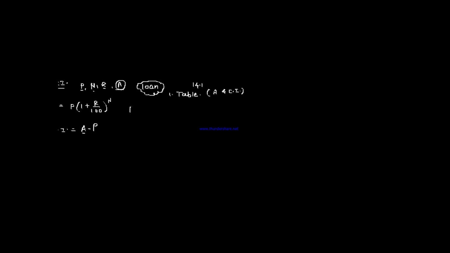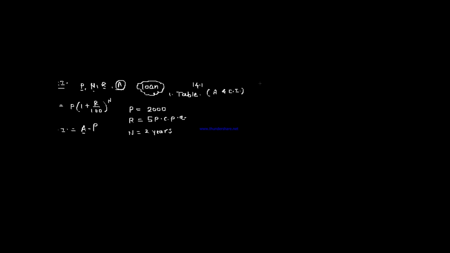Very first sum of the table: the principal amount is 2,000, the rate is 5% per annum, and the duration, that is N, is 2 years. Let's see how we can calculate this A.